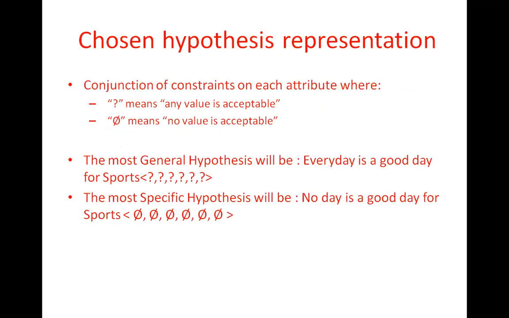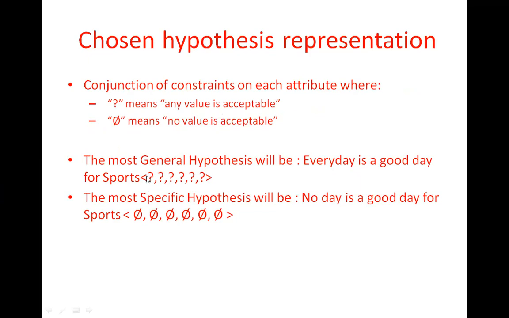How to write the hypothesis. If there are question marks in the hypothesis, that question mark indicates it will accept any value. If I put a question mark in the first field, it will accept the value either sunny, rainy, or cloudy.